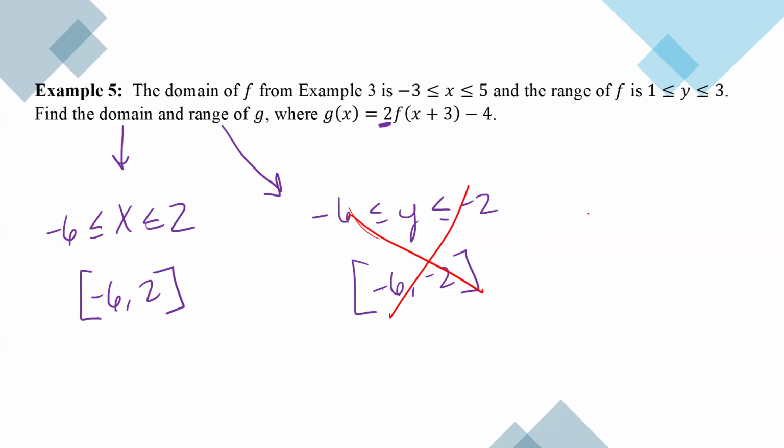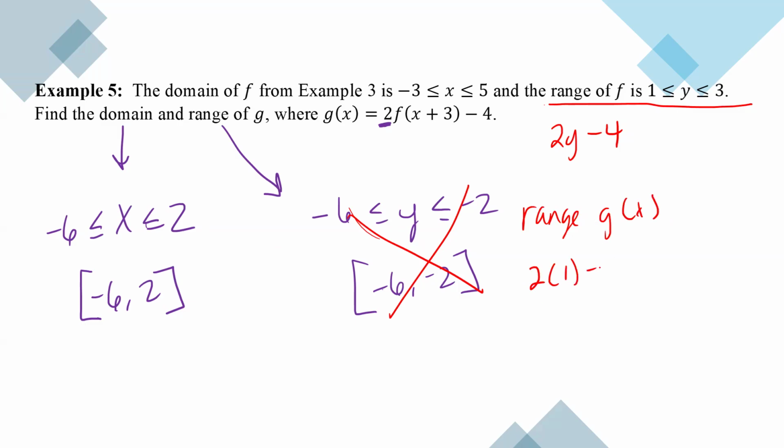Okay. So the shortcut here to finding your range is just to apply the manipulation to your old range. The range of the original is from 1 to 3. However, to each one of my y values, I have to multiply by 2, then subtract 4. So for my new range, the range of g of x, it would be 2 times 1 minus 4 is less than or equal to y, which is less than or equal to 2 times 3 minus 4.